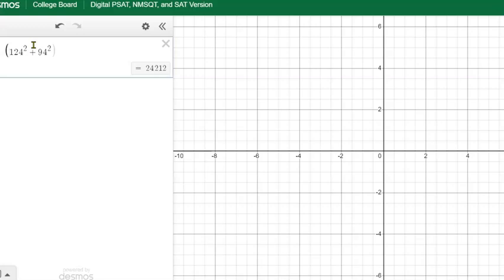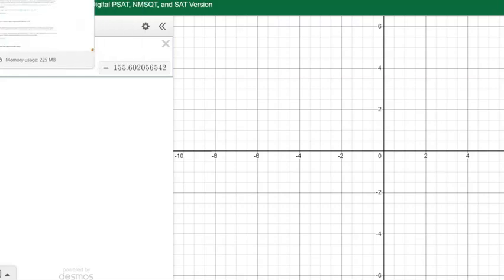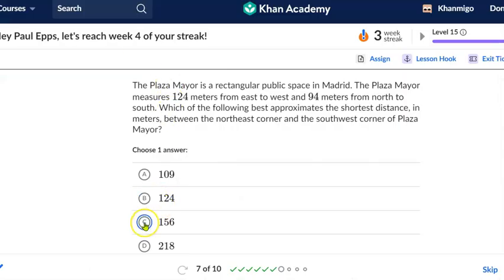Well, let me put the parentheses first, and then take the square root of the whole thing. Oh boy. Well, all right, forget it. We'll do it a different way. 124 squared plus 94 squared. So it's closest to like 156. Do we have a number that's close to like 156? Yes. All right, let's go with that.